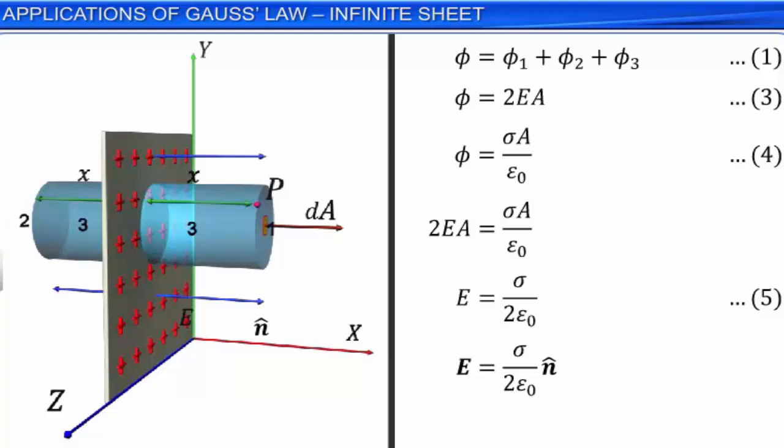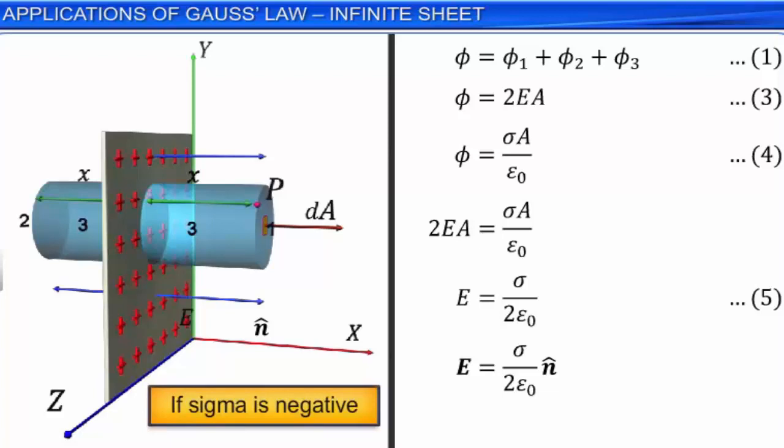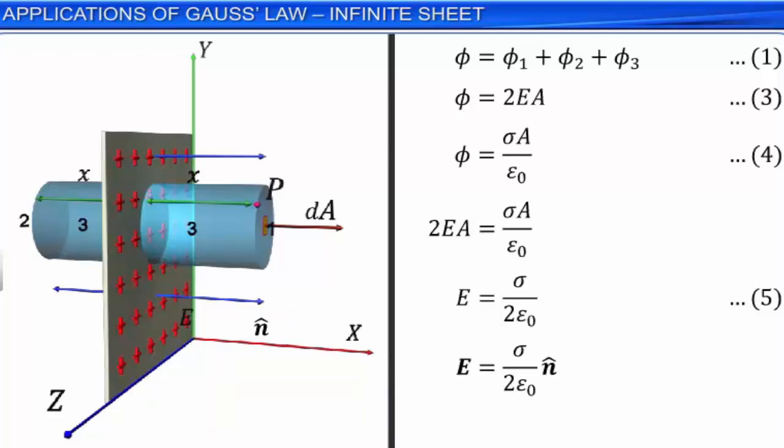If sigma is negative, then n cap will point towards the sheet of charge, and if sigma is positive, then n cap will point away from the sheet of charge. Thus, for an infinite large planar sheet of charge, the expression for E as given by equation 5 is approximately true in the middle regions of the planar sheet, away from the ends.